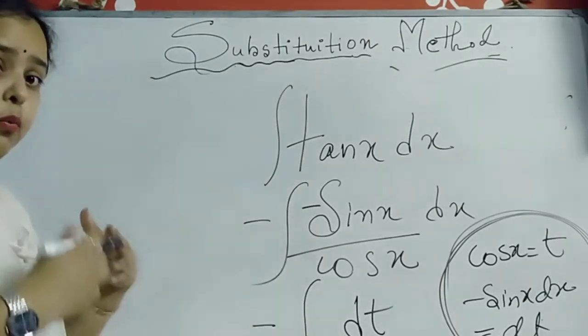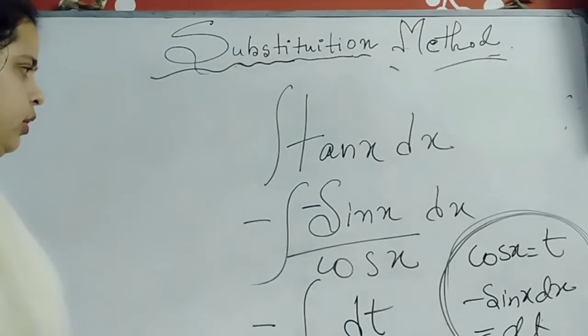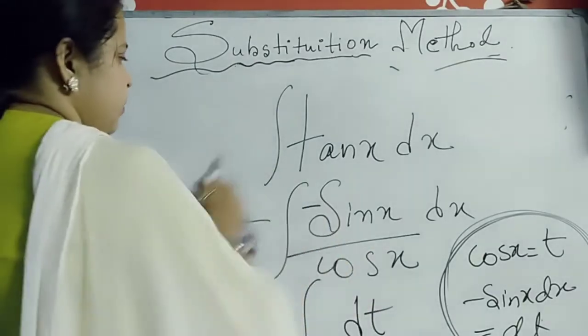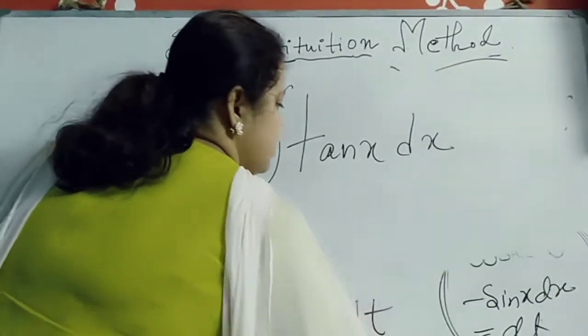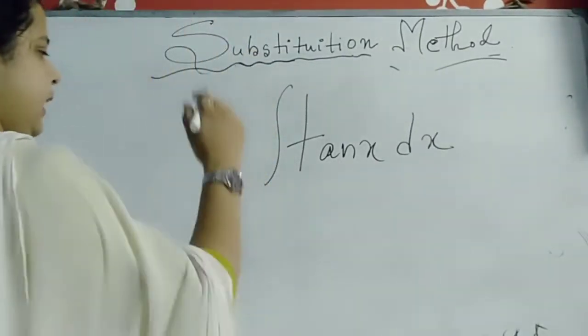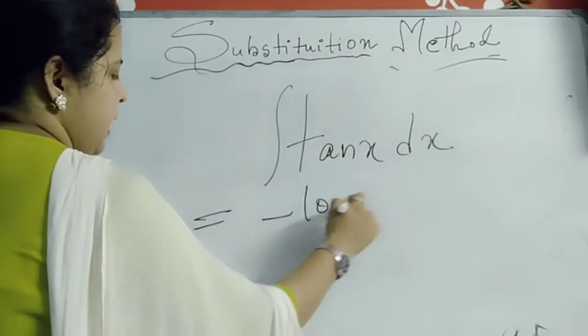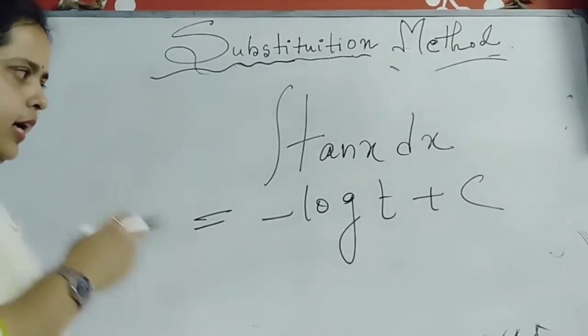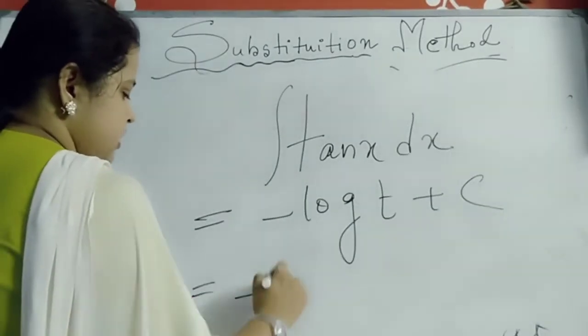But what is the value? Log t. Okay, so I am going to write down here log t. So the integration of tan x dx becomes, what is t? I cannot leave my answer in t. So what was t substituted as?